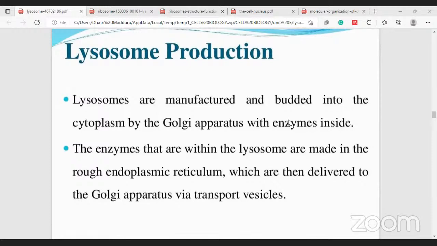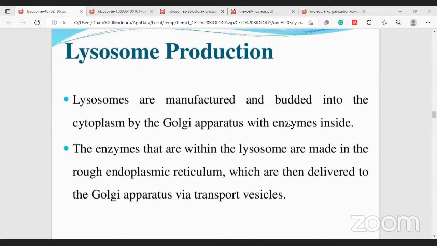Now each one can individually perform its functions, and the enzymes that are within the lysosomes are made in the rough endoplasmic reticulum. Usually lysosomes are budded off from the Golgi apparatus, and the enzymes present here are proteins, right? So the proteins will be synthesized in ribosomes.